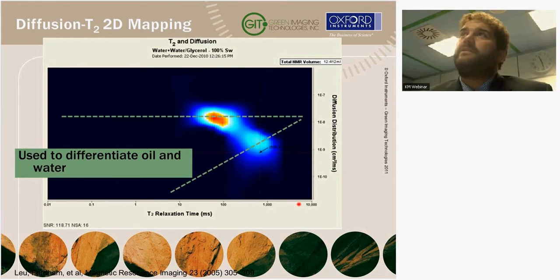We have the T2 and diffusion. If we look here at this point where it's bright, it gives us an indication of how much hydrogen we have at those values. So the intensity is the amount of signal that has this diffusion value and T2 value. So here we would have signal at, say, 800 milliseconds and 1e to the minus 9 diffusion.